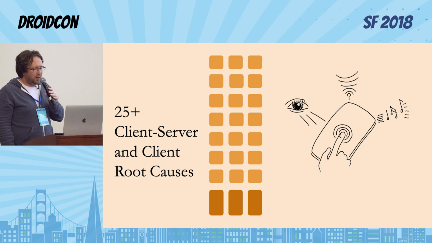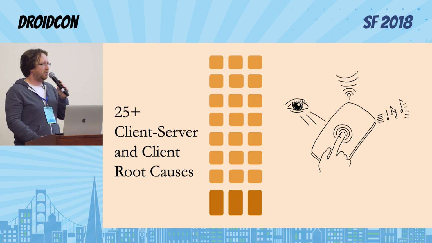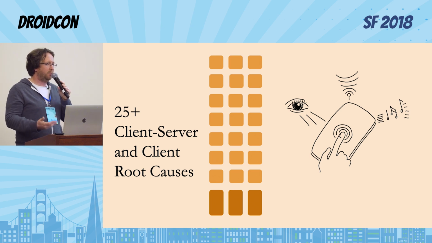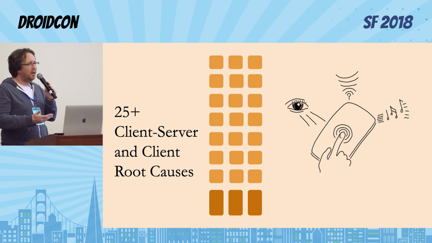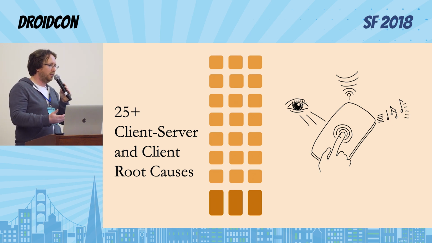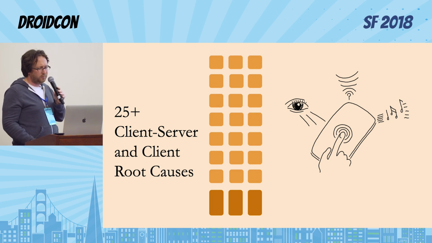Some of these, for example, are the way that the app is using the network stack, the way it's using security, the way that the infrastructure is set up, even things like DNS, the way that content is being served, the type of content being served, and different optimizations that can be done on the server-side deployments.